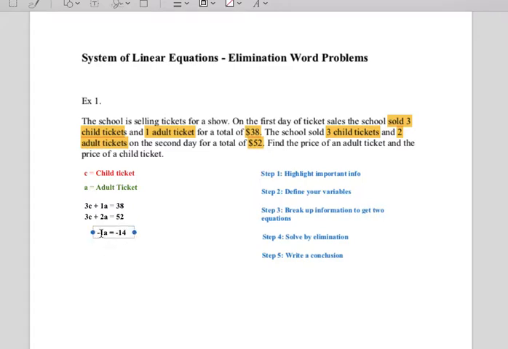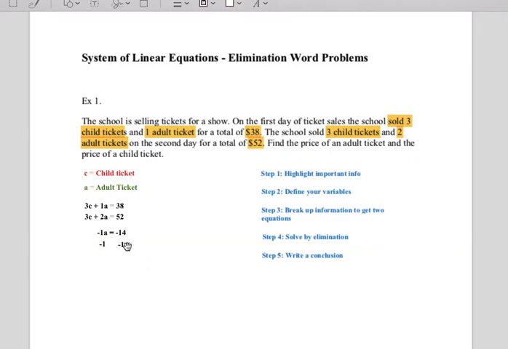And then we need to get rid of the negative 1 because we need a as a positive. So we're going to divide both sides by negative 1.